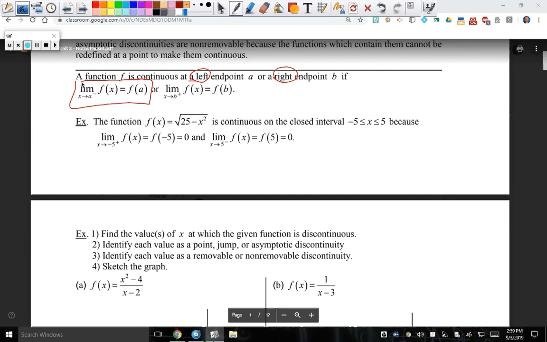But it's only looking at what? One-sidedness, right? It's saying approach A from the left. See, this one's saying approach B from the right. But it's the third rule of continuity. So my question to you is, can you be continuous one-sided, or do you have to be continuous only two-sided?